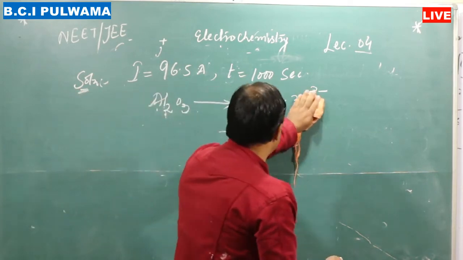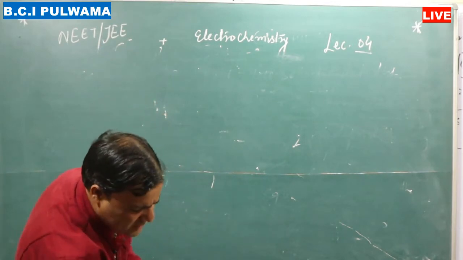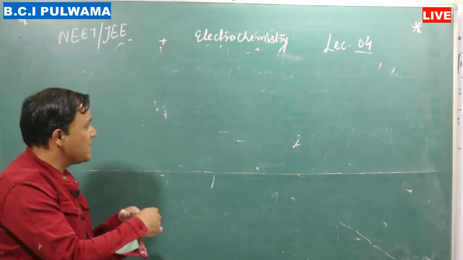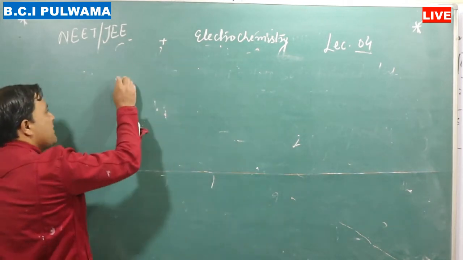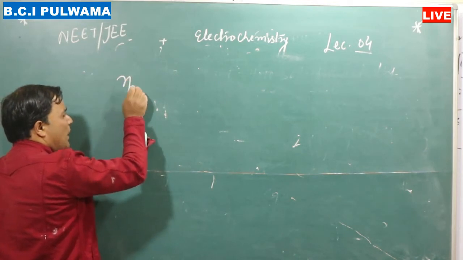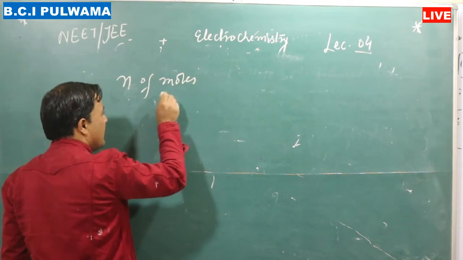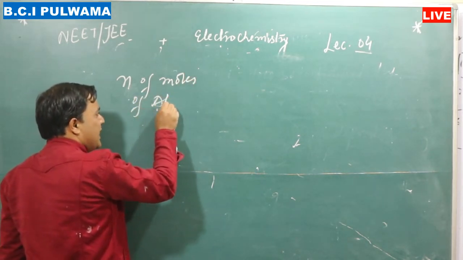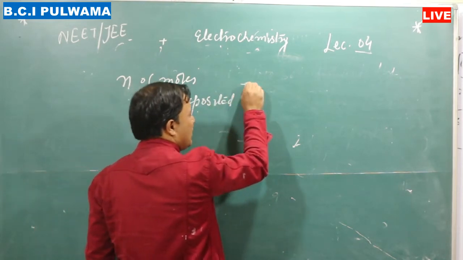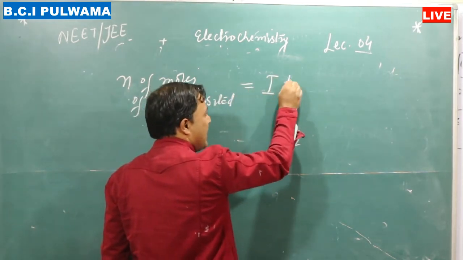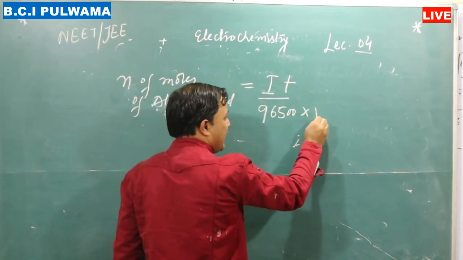In electrolysis questions, we calculate the number of moles, number of millimoles, number of equivalents, or mass of the substance deposited on the cathode. The number of moles of aluminum deposited is equal to I times t divided by 96500 multiplied by the valency factor.